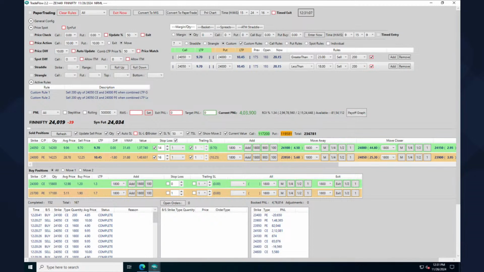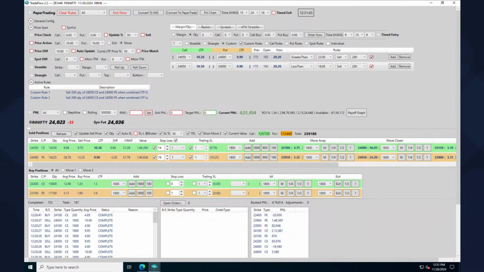On Friday I was trading Sensex, and Sensex premiums weren't decaying until 2:45 p.m. Even on the P side and C side, the decays were quite strong. I was in losses till 2:45, and then after that I gained a good amount of money. But today that's not the case. The premiums were decaying quite well, which is good news. I think the first time or second time we did reach 4 lakhs.